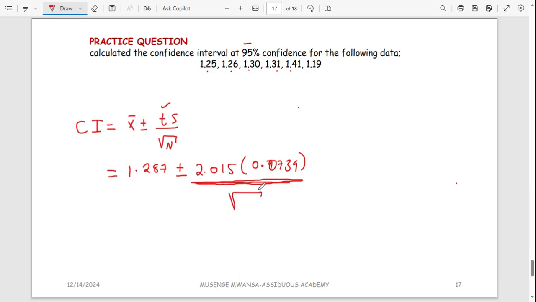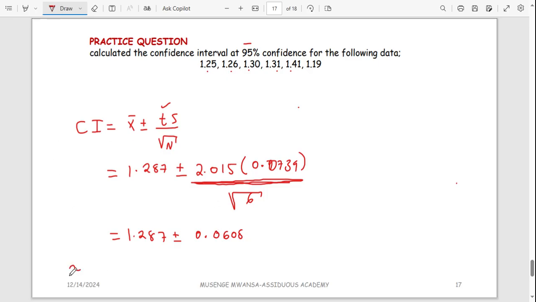Divided by the square root of n, and n is 6. We have got 6 terms. So be 1.287 plus or minus. So if you punch 2.015 times 0.0739 and then divided by square root of 6, you are going to get 0.0608. So this is the confidence interval.